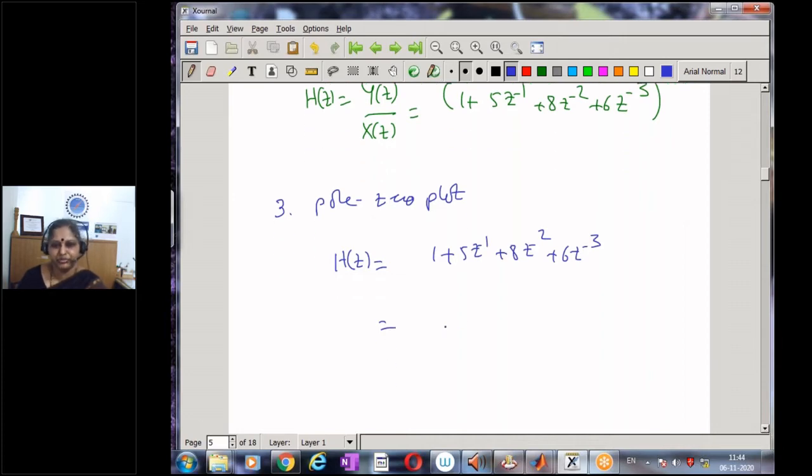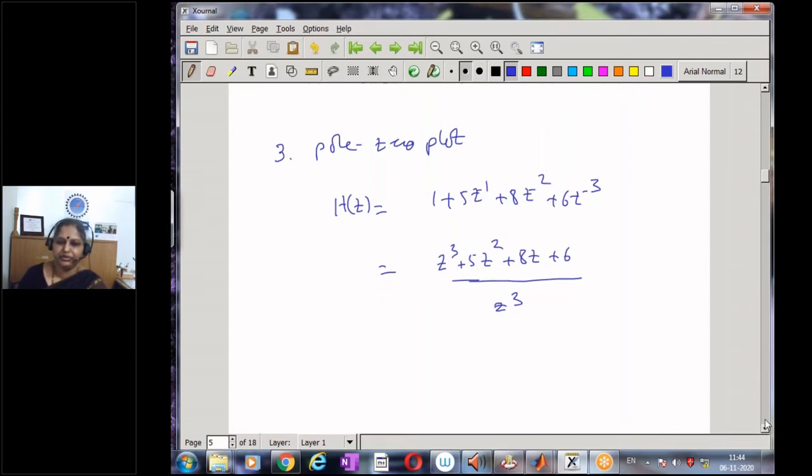What I will do is change the polynomial into positive powers of z. So I'll multiply all terms by z cube, and what I get is z cube plus 5z square plus 8z plus 6 by z cube. This is my transfer function, and I need to find the roots of my numerator and the denominator to get the pole zero plot.